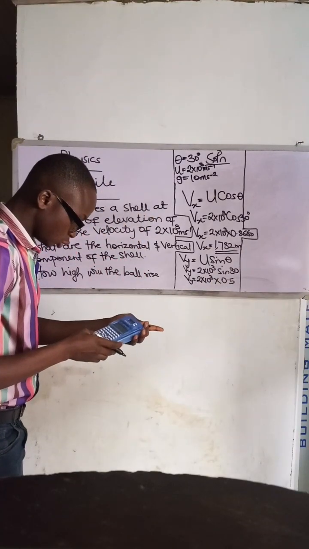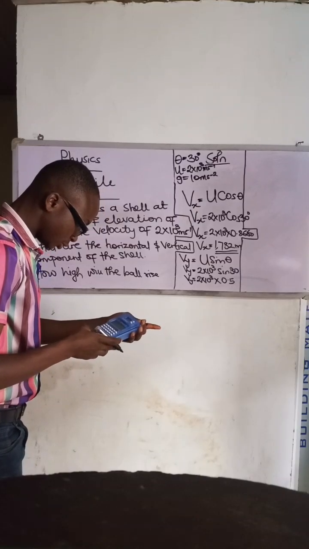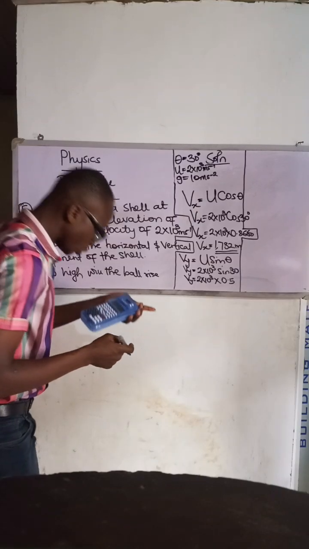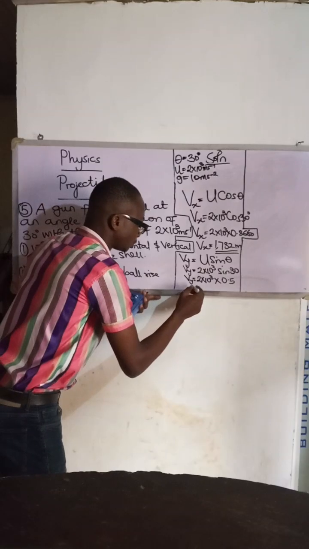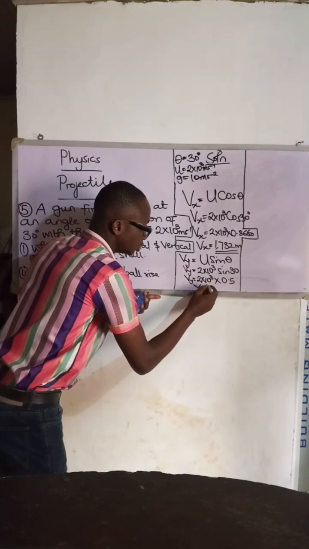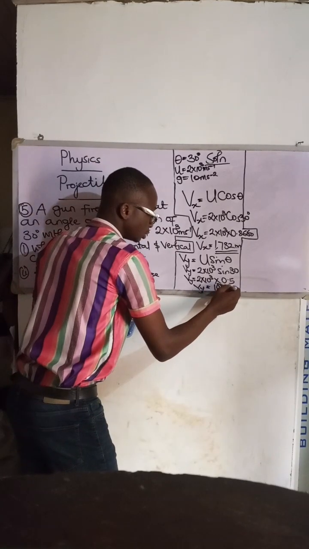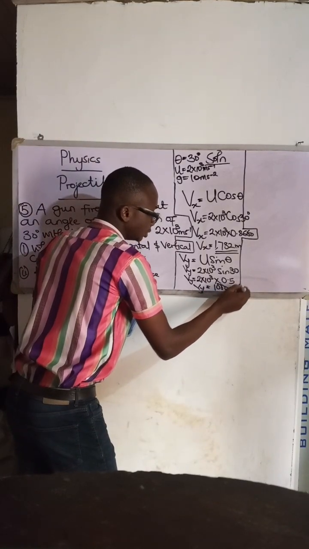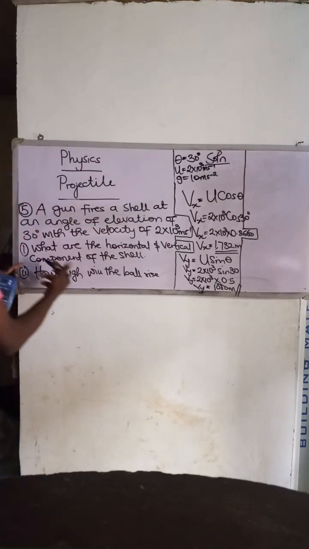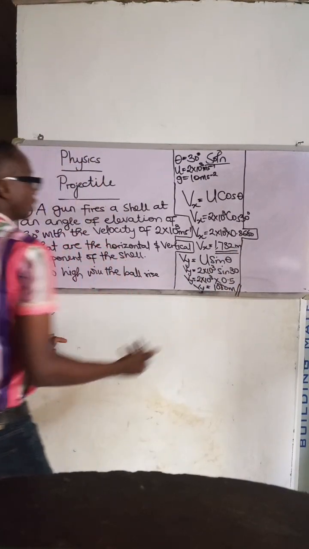Now, 2 times 10 raised to the power of 3 times 0.5, you have 1000. V of y is equal to 1000 meters. This is your final answer for the horizontal and the vertical component. This is the horizontal component, this is the vertical component.